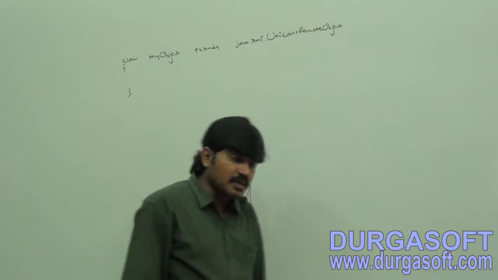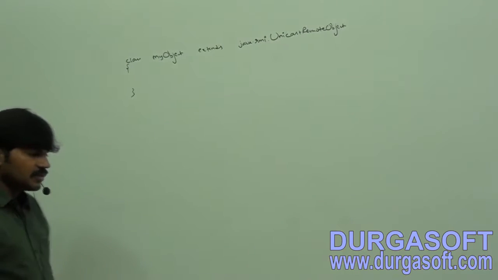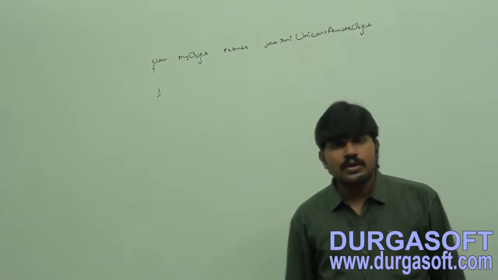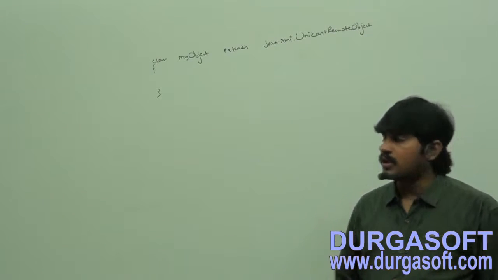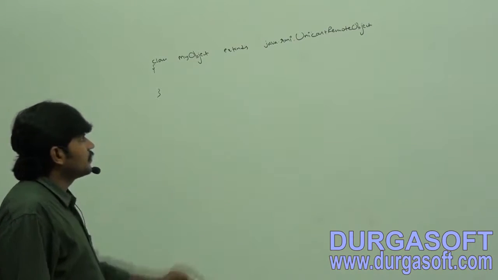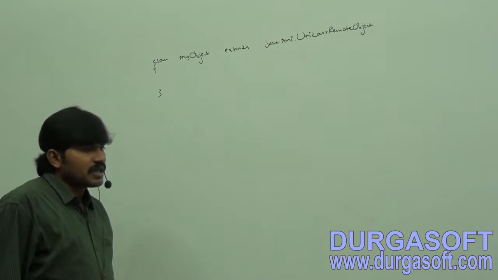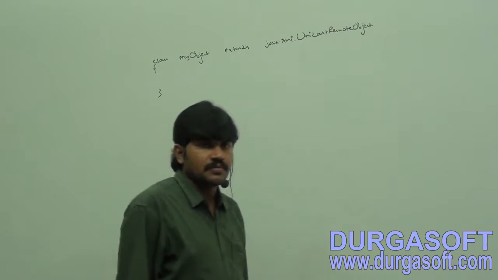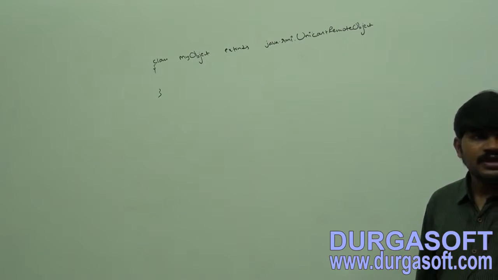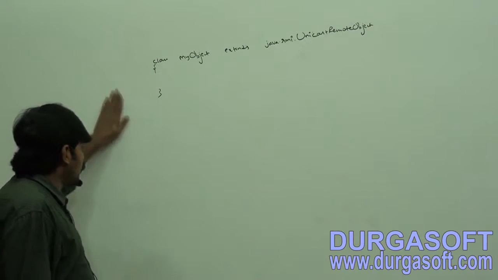Okay, take case 3. Consider the following code. Class MyObject extends java.rmi.server.UnicastRemoteObject, curly braces open and close.